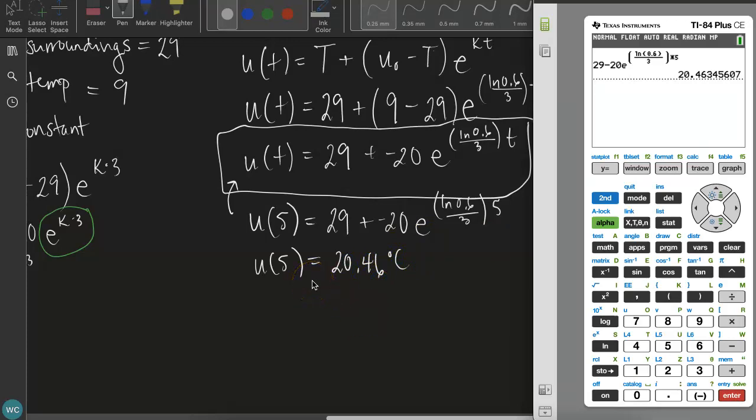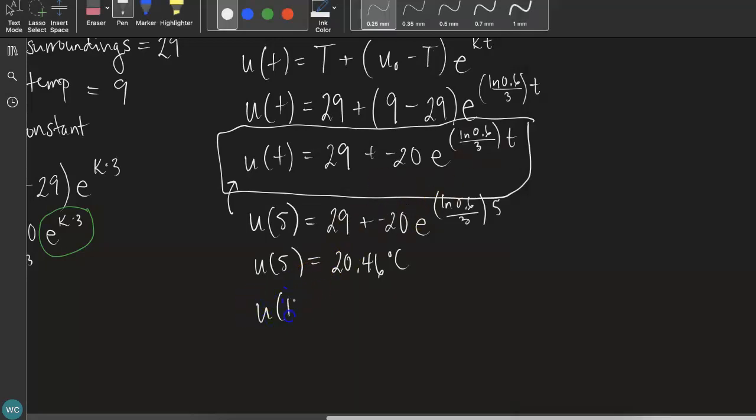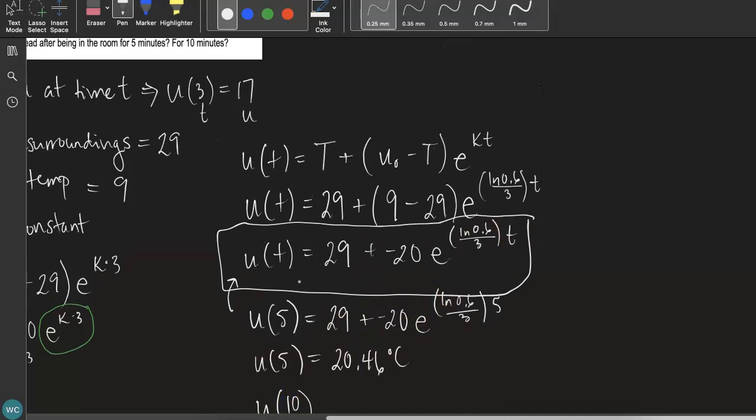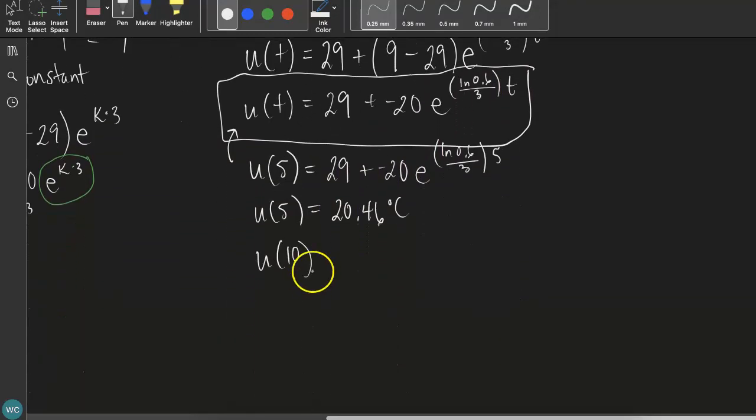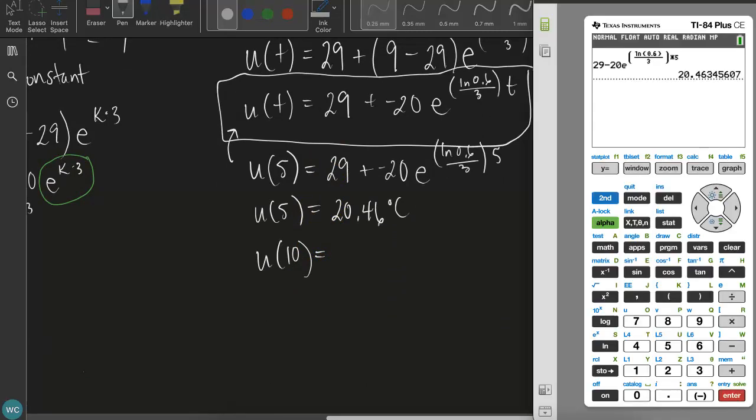Okay, I could do the same thing again for the next part of the problem, which was time 10. Let me just go back and make sure. Yes, for 10 minutes. But instead of rewriting the whole thing again, I'm going to use my shortcut feature, second enter, and then just scroll back into that expression and replace the 5 with a 10.